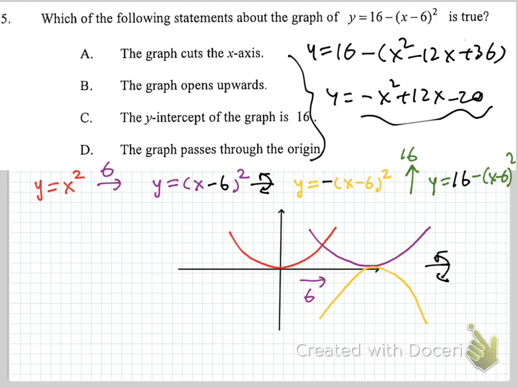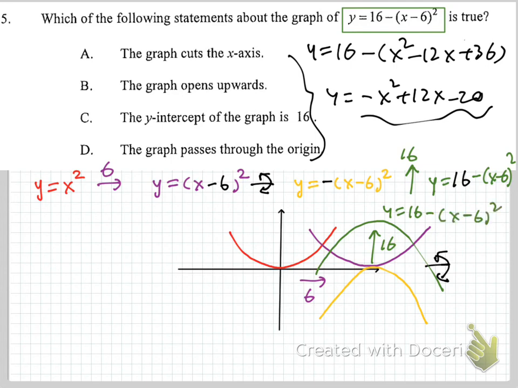With the yellow one, you move it upwards by 16 units, right? Well, I don't know how much is 16, but let's say this is 16. You move upwards by 16 units. So the green equation is something like this, all right? This is y being 16 minus x minus 6 squared. So that is the entire story.